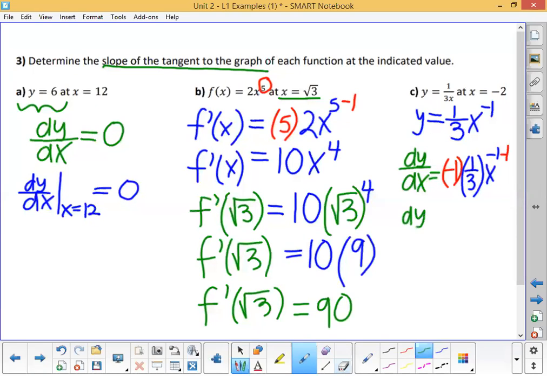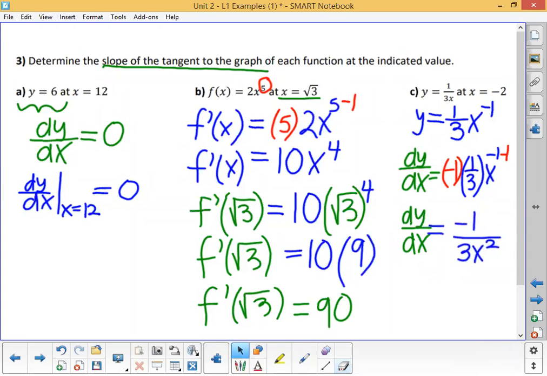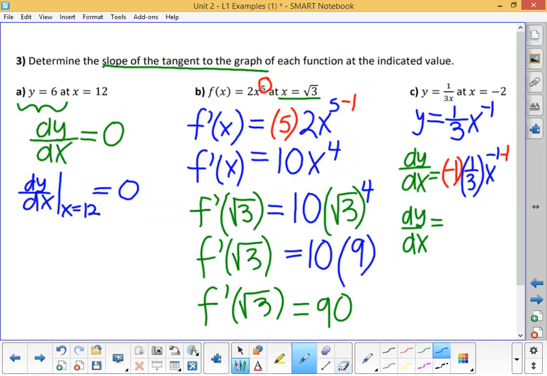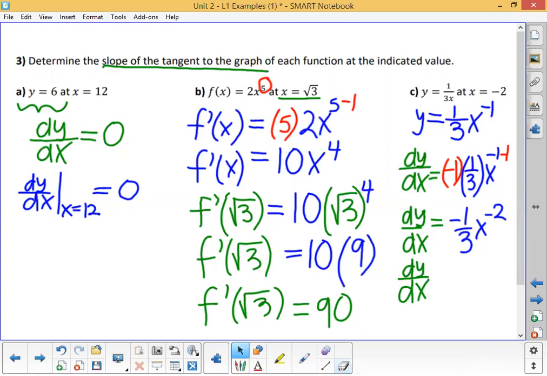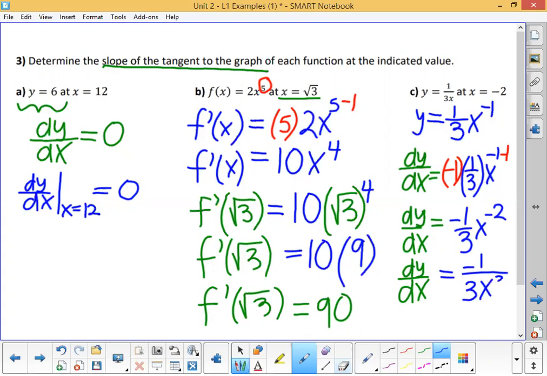So dy over dx is going to be equal to -1 over 3x squared, because this is -1/3 x to the power of -2, or actually, maybe I should write that just so no one is confused. -1/3 x to the power of -2, and we can move from that to dy over dx is equal to -1 over 3x to the power of +2.